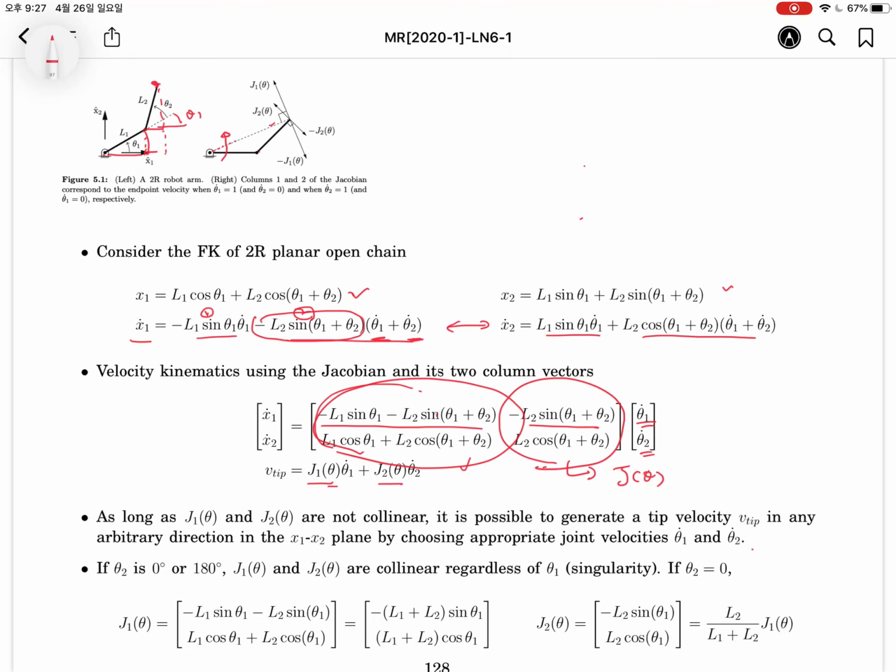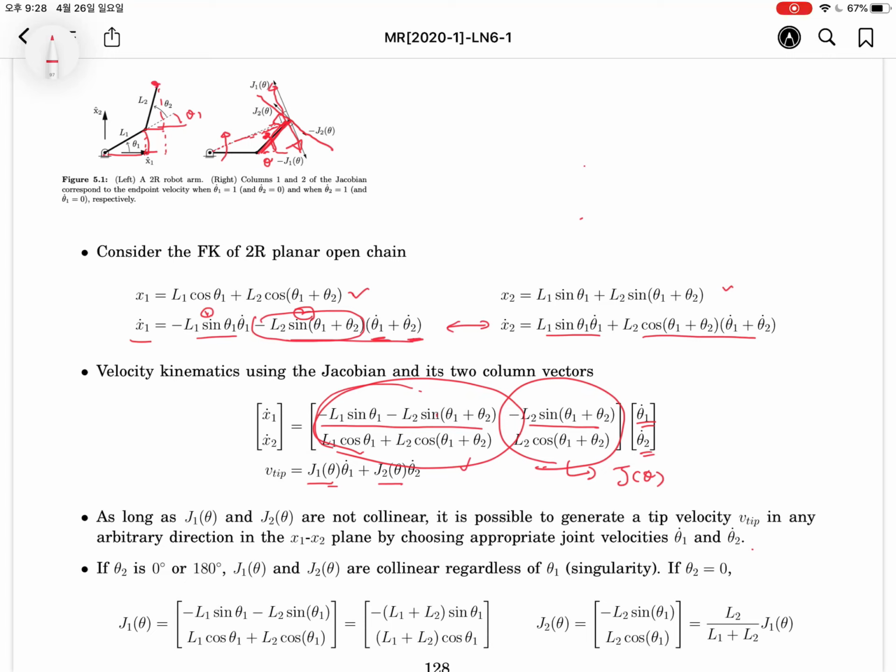Let's draw a straight line to the end effector, and the orthogonal direction will be J1. How about J2? J2 depends on zeta 2 dot. From this direction, we can make the orthogonal part, and J2 will be achieved in this orthogonal direction.